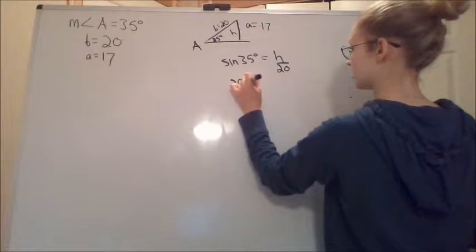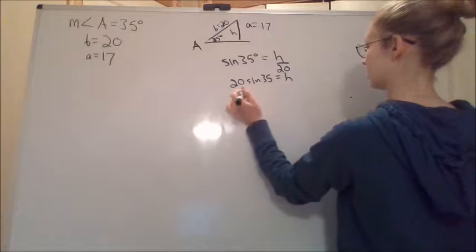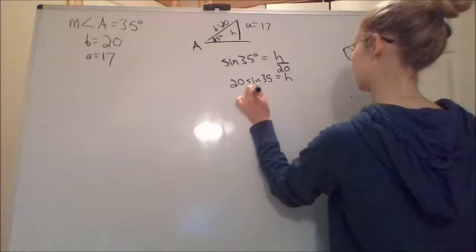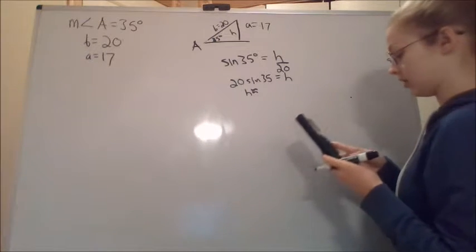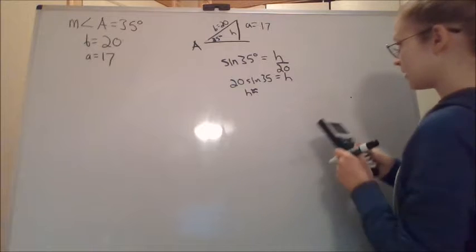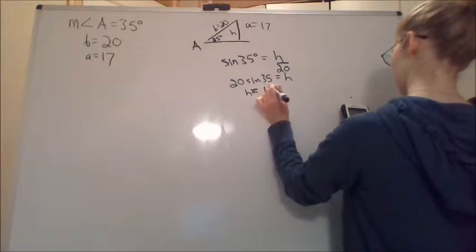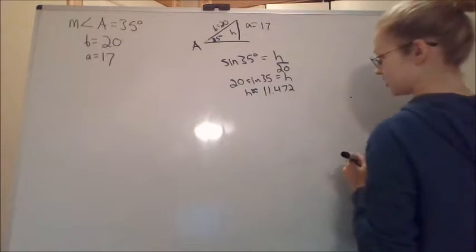So 20 sine 35 is going to equal h. Using your calculator, 20 sine of 35 is 11.472, rounded to 3 decimal places.